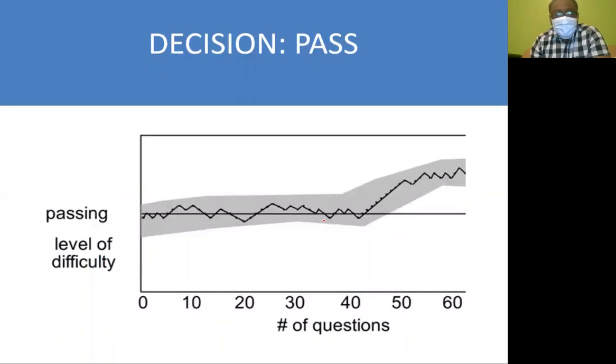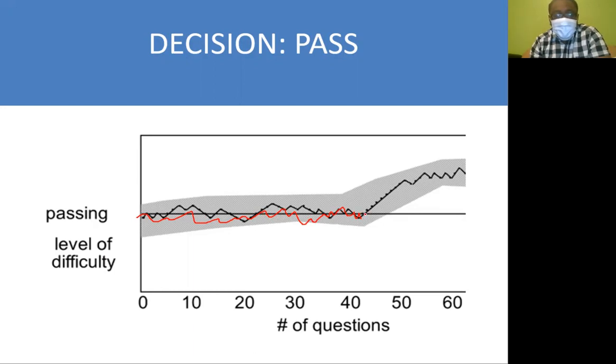If you look at this, between 40 and 60, what happens? He got above the passing line. So you can see all this while, the student has been hovering around the passing line. At this point, he was going up and down, but their band was above the line of minimum competency.